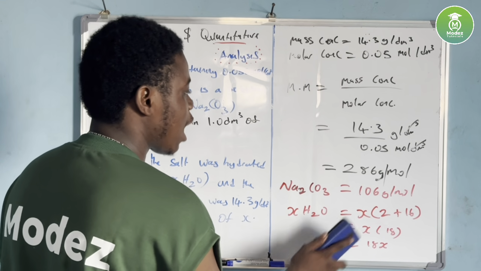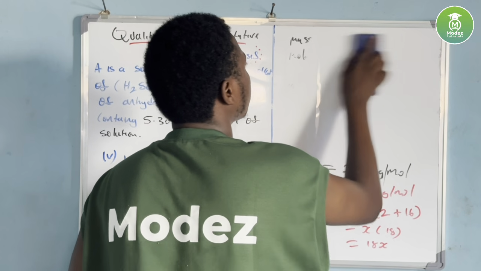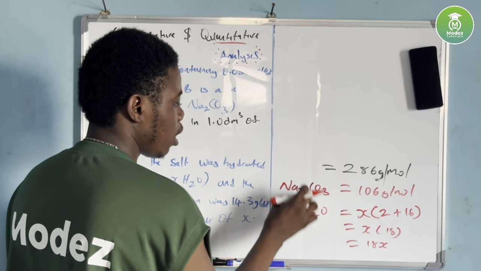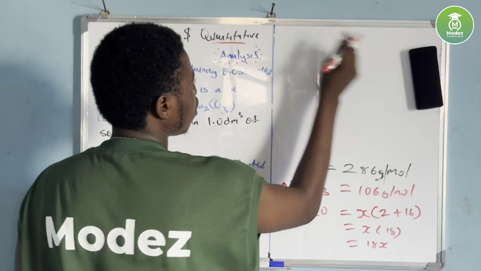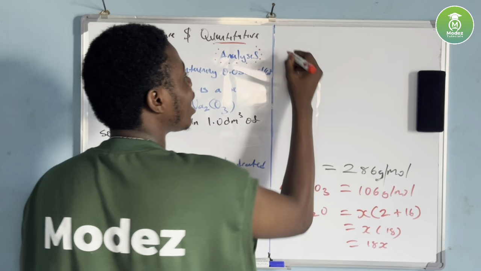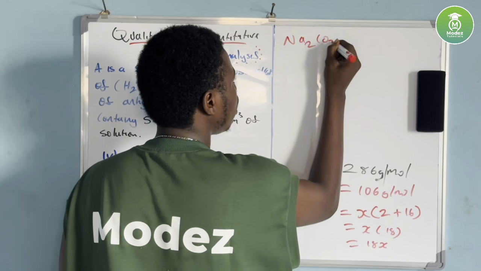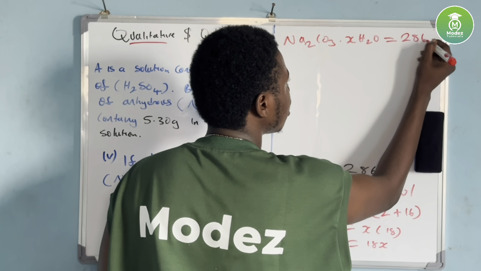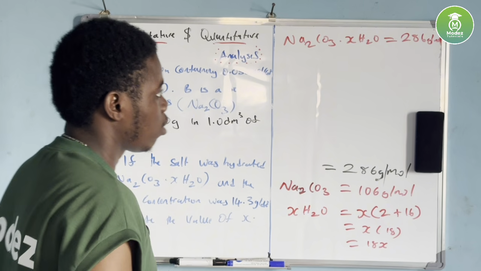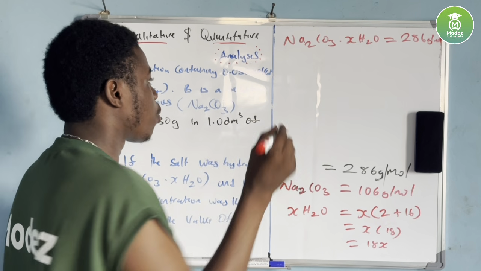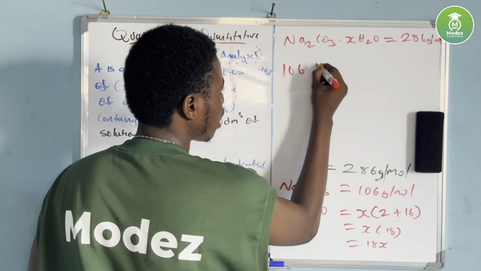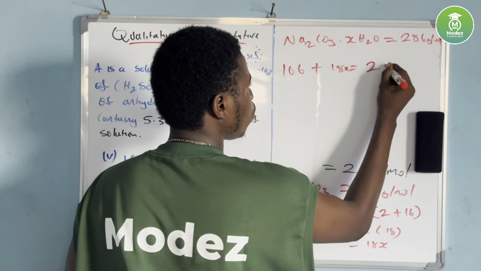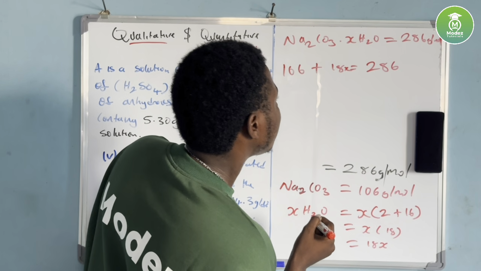Since you have gotten this as this, let me erase this ASAP. Don't forget what I told you. You will now equate this equals this. What I'm trying to say is Na2CO3.xH2O equals 286 gram per mole. Do you get it? According to what I told you, this will now be equal to 106 plus 18x, which should be equal to 286.